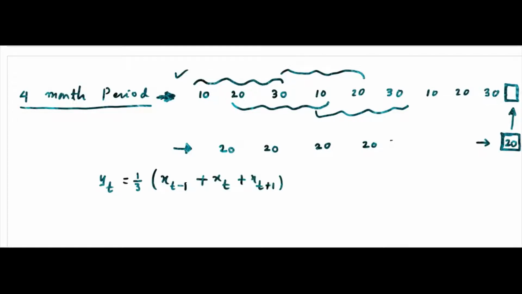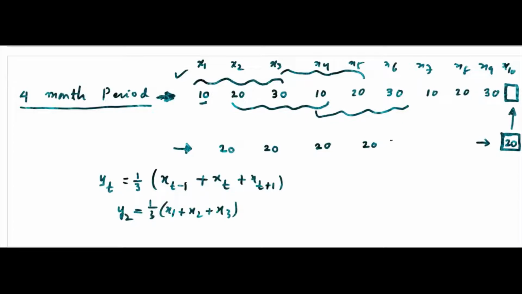If you apply this, okay, suppose we know this 10, okay, 10, 20, 30, and if you start writing x1, x2, x3, x4, x5, x6, x7, x8, x9, and you want to know x10. Now here we'll write x1 plus x2 plus x3, 1 upon 3, that is our y2, actually it's y2.